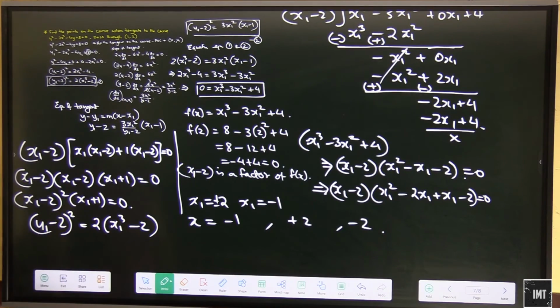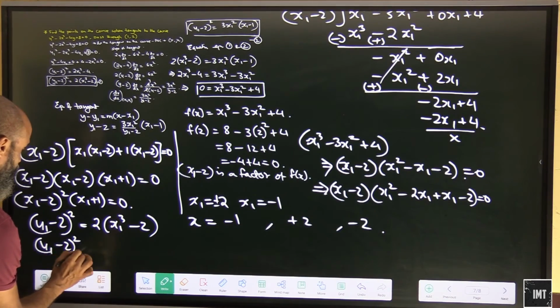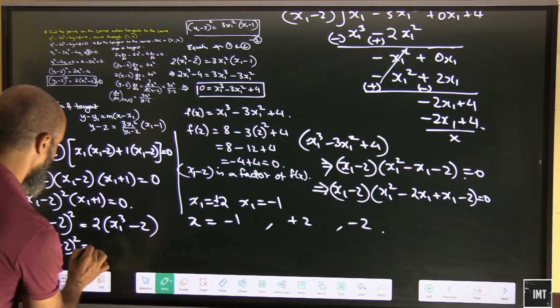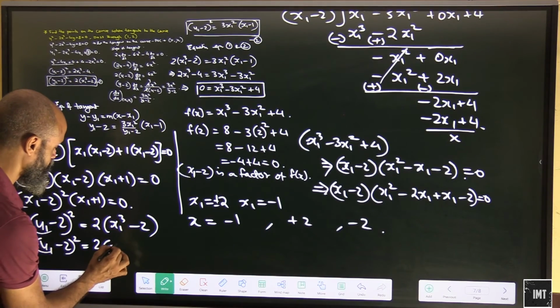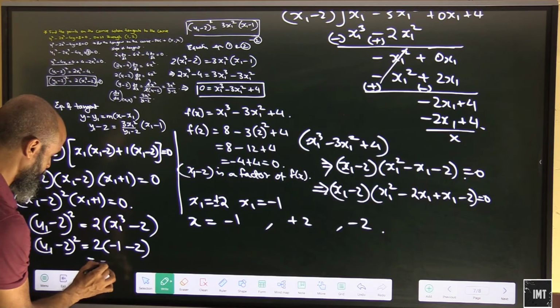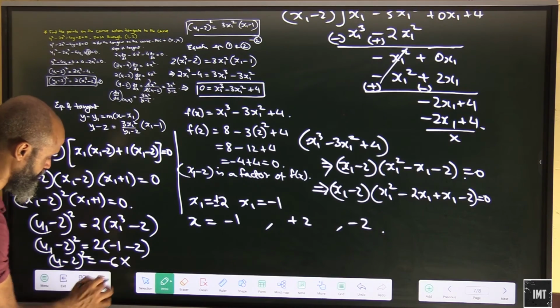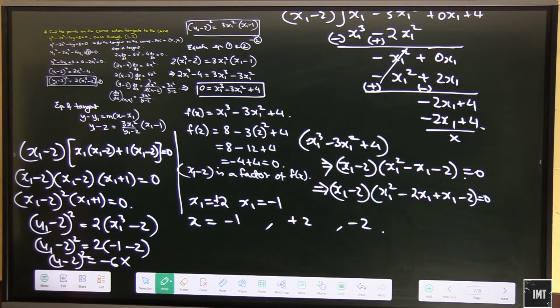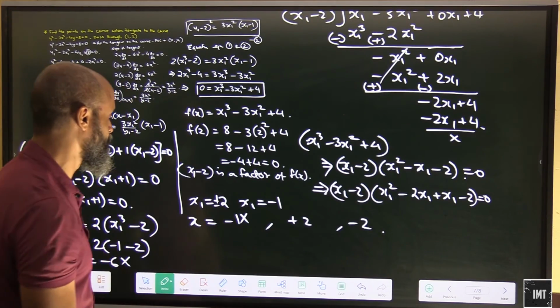So (y - 2)^2 = 2 into, we'll put the values here, x as -1. So -1 - 1 - 2, that's basically -3, and this is -6. So this is basically giving us an irrational value because we cannot calculate the square root of -6. So we have to reject this value.